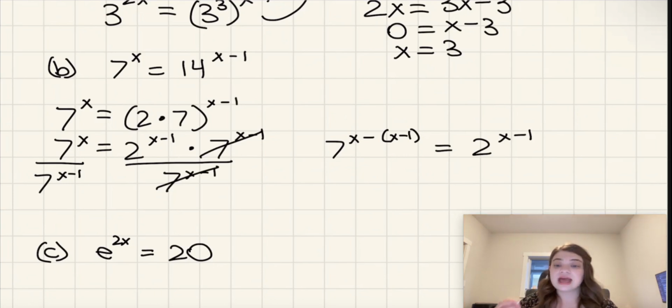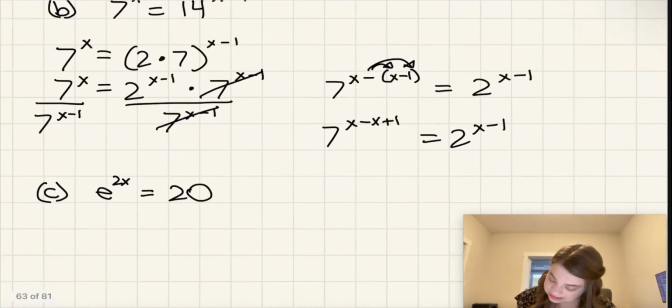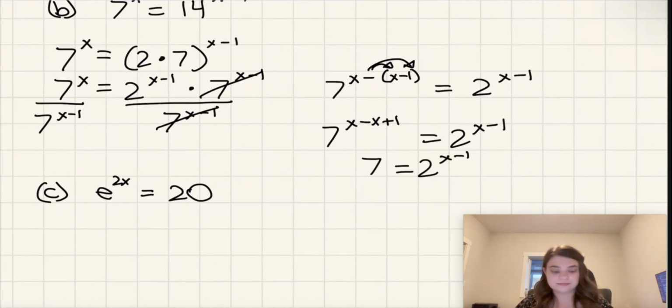Now what is x minus (x minus 1)? Well, that's going to be x minus x plus 1 once we use the distributive property and distribute the negative into both. So then we're going to get 7 to the power 1, which is just 7, is equal to 2 to the power of x minus 1.